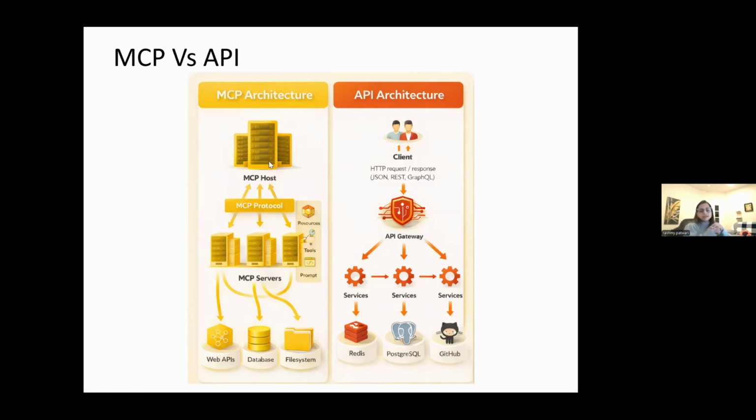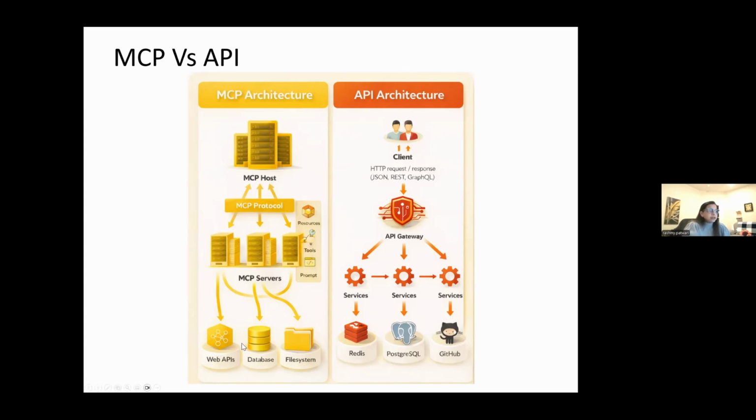It exposes a set of tools from the MCP host. The MCP host could be any hosting platform, it could be an infrastructure as a service platform, or an Azure platform. So this server is hosted from a platform. It exposes a set of tools, and on the other hand, you can see that it in turn can consume from other web APIs, databases, and file systems.